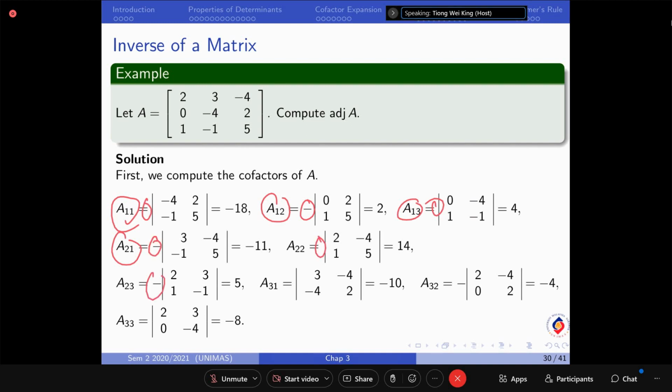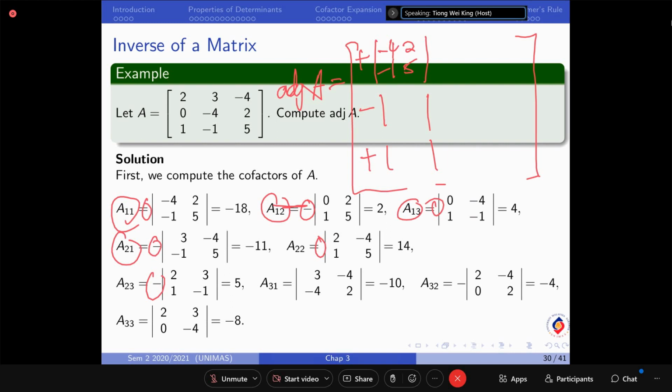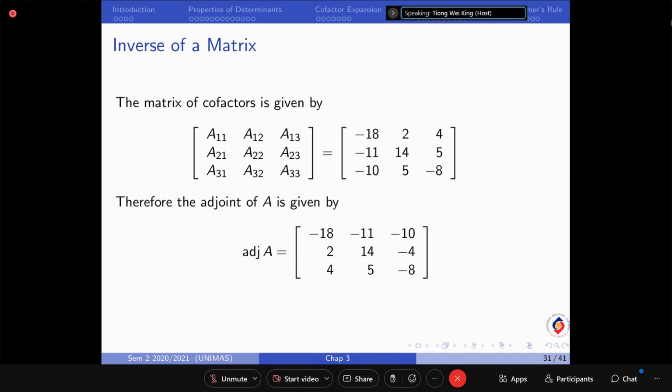And another way is like I showed just now: adjoint A, you put everything in a big bracket, so plus -4, -1 to 5, then minus, and so on. So that's the adjoint. Once you have the adjoint, then after that we can calculate the inverse.